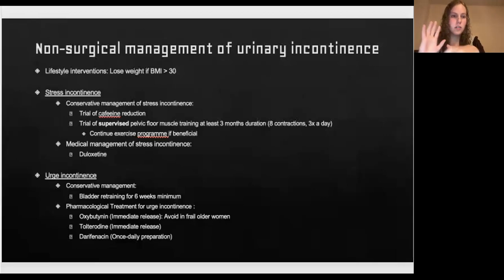So dysfunction in these muscles can cause incontinence. Stress incontinence is the one with the sphincter being too loose, and that's caused by the pelvic floor itself being a bit weakened. Things like pregnancy can weaken that, or just old age as well. So a lot of older women get it. Postmenopausal women get it.